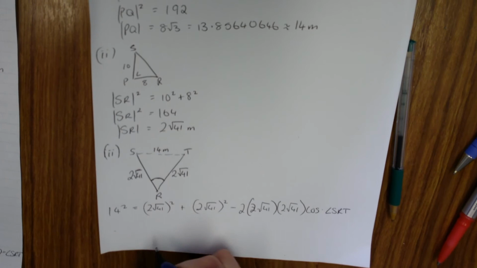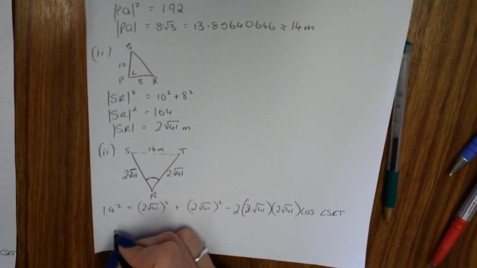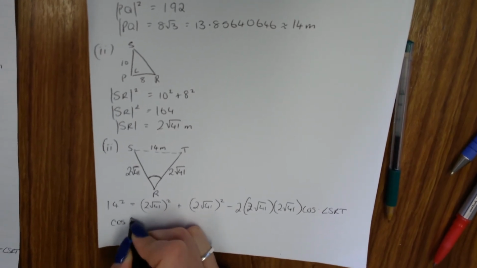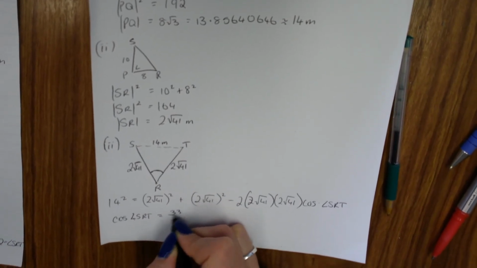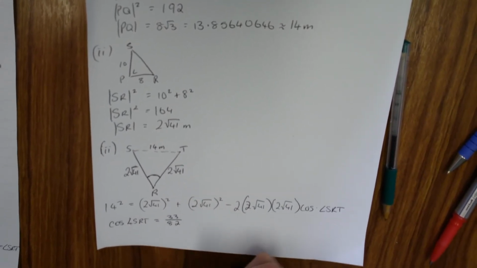So plug it into the calculator, tidy it all up, and you end up that cos of angle SRT is equal to 33 over 82.